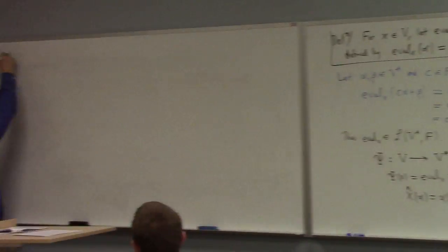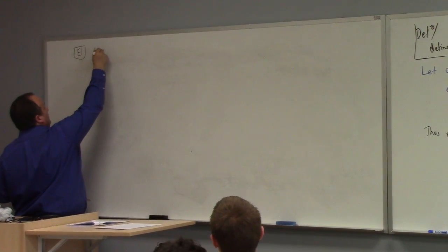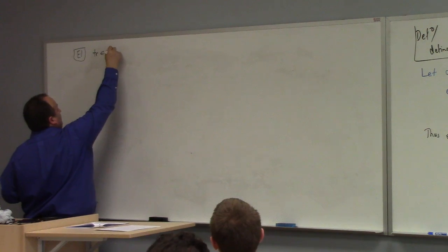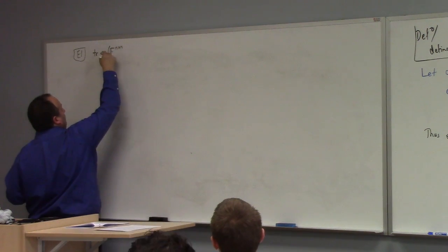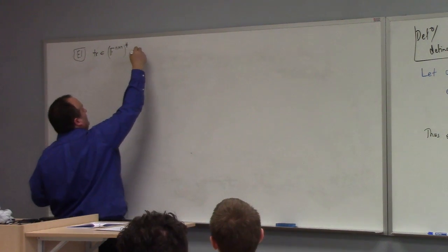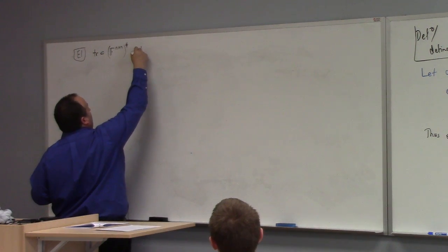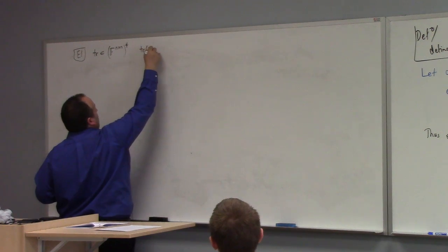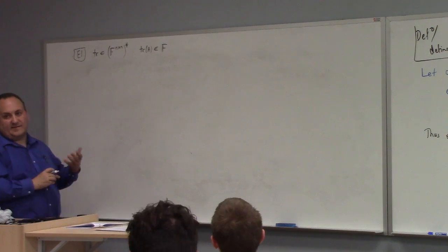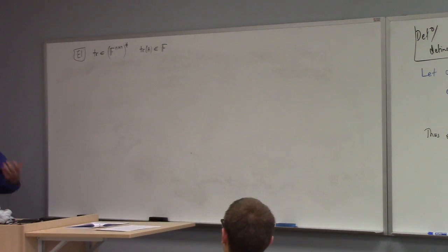How about this? Trace is an element of the dual space of the n by n matrices. Think about it. The trace of A is an element of F. Trace is in fact a linear map from matrices to numbers.